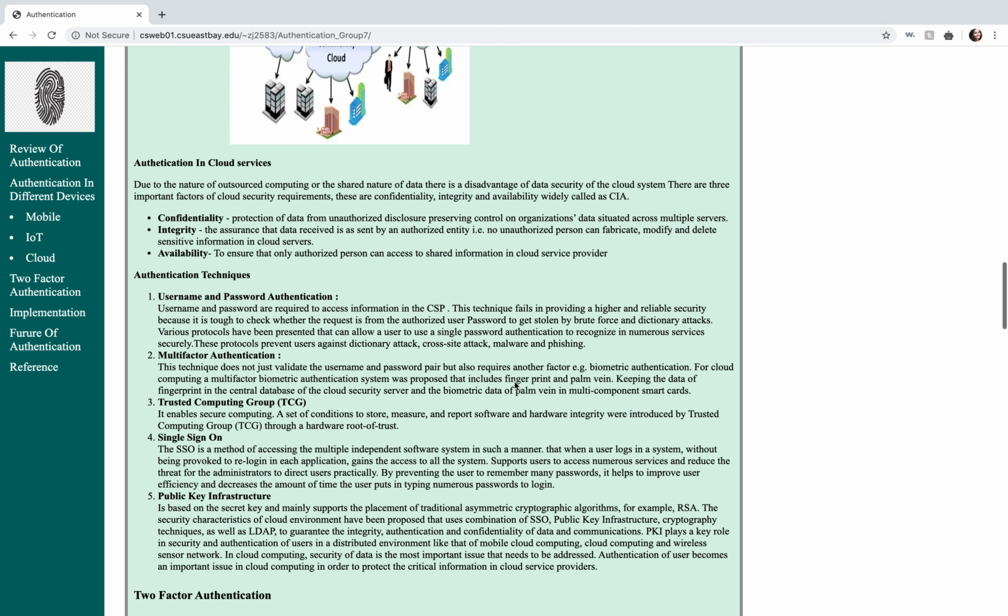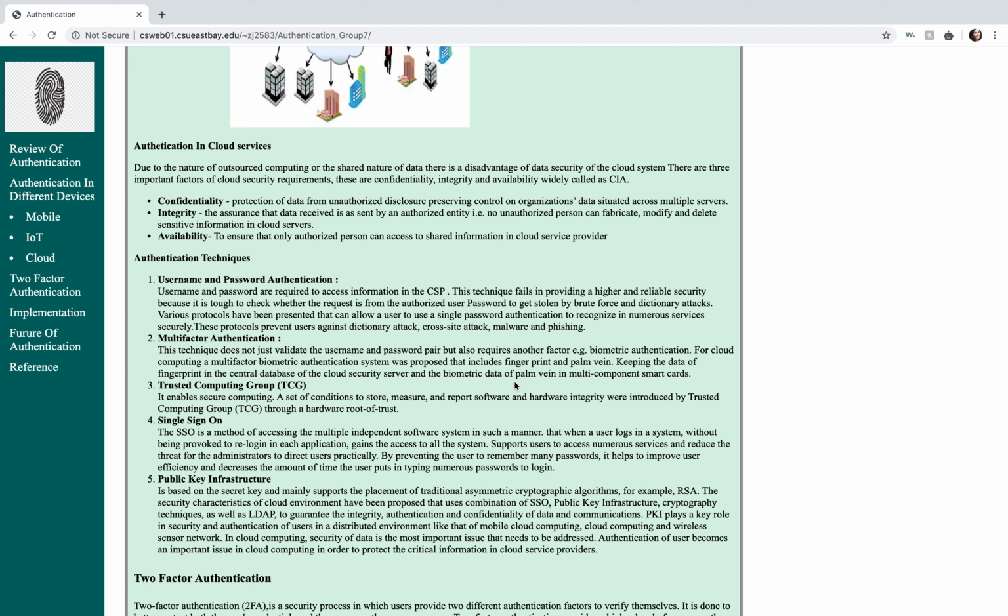The most popularly used techniques are single sign-on and public key infrastructure, because public key infrastructure plays an important role in distributed environments like mobile cloud computing and wireless sensor networks. It is one of the most commonly used techniques for all computing.